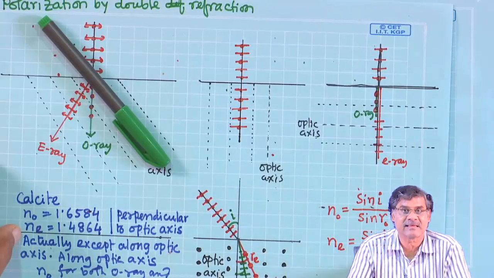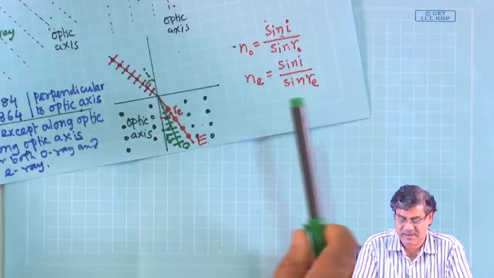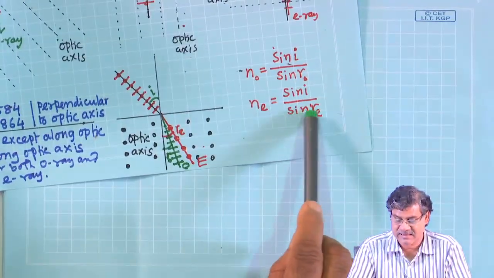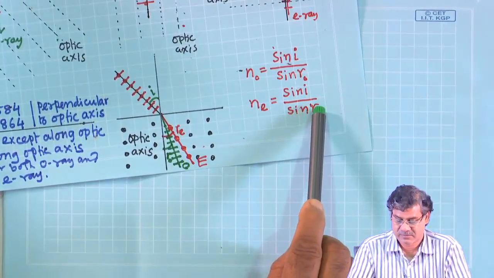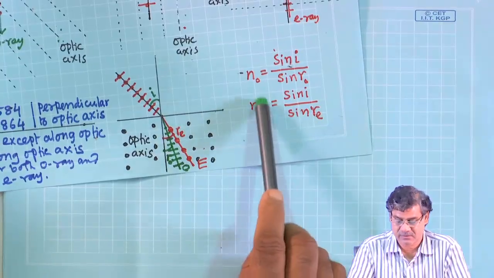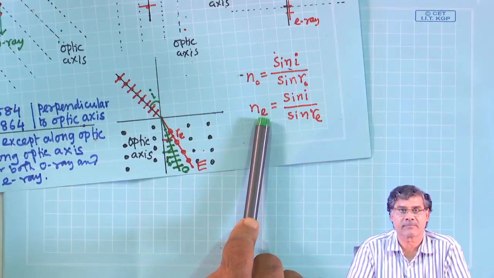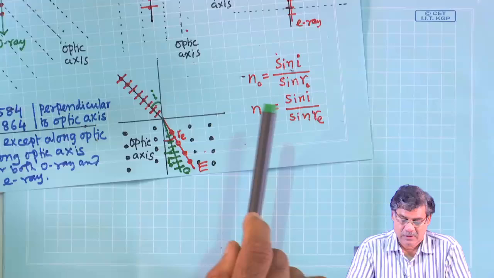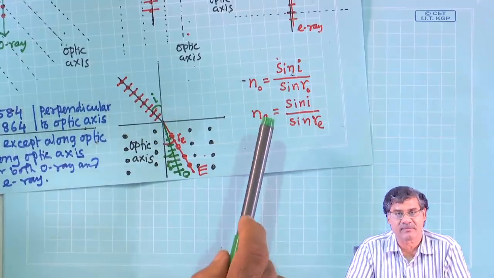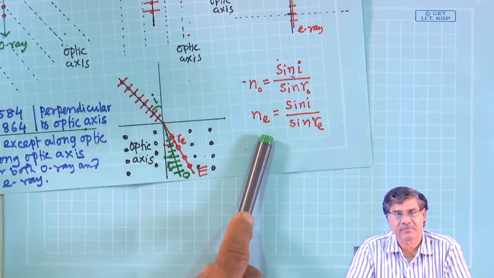If the angle is higher, it is in the denominator, so the refractive index is lower. So Snell's law is followed in the case of the E ray.